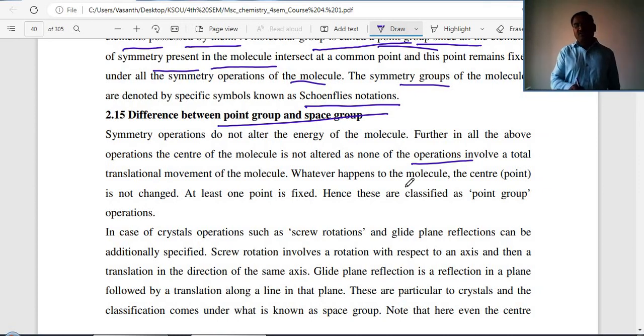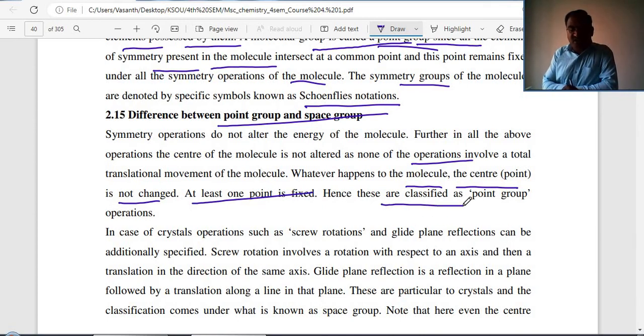Whatever happens to the molecule, the center is not changed. At least one point is fixed, and these are classified as point group operations.